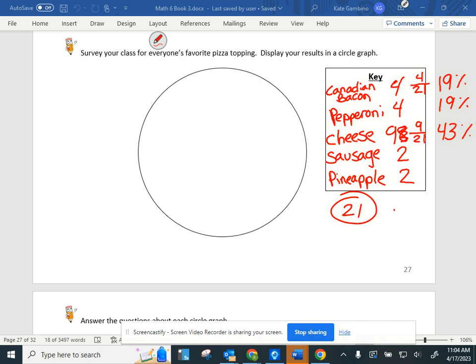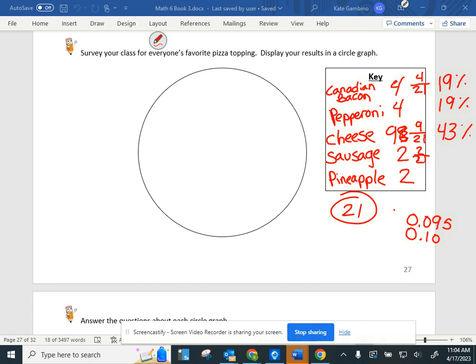What did you get for 2 divided by 21? So 0.095. So what do we round that to? The 9 rounds up to a 10. So when we round that, it's going to look like that.